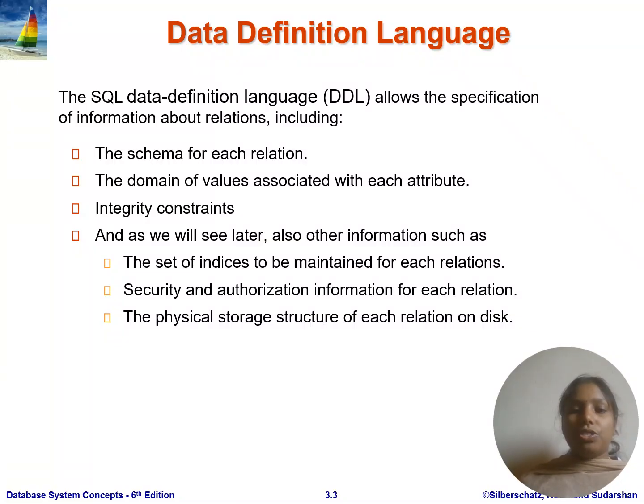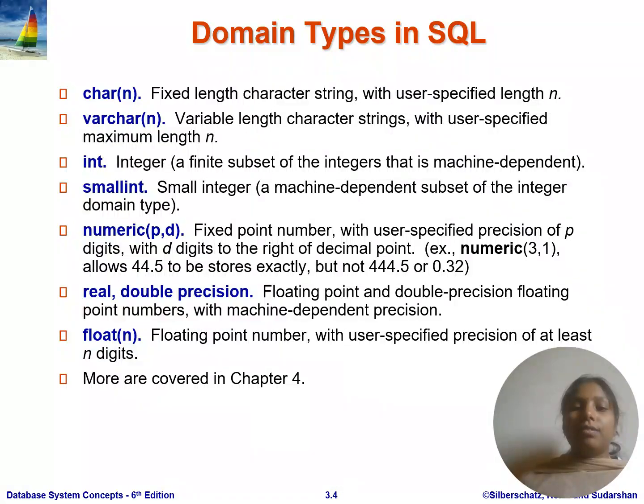physical storage. Then we look at the domain types in SQL. Char is used for strings, varchar means a variable-length character string, and int is for integer numbers, which is machine independent. Then numeric(p,d) is a fixed-point number, where p is the total number of digits and d the digits after the decimal point.